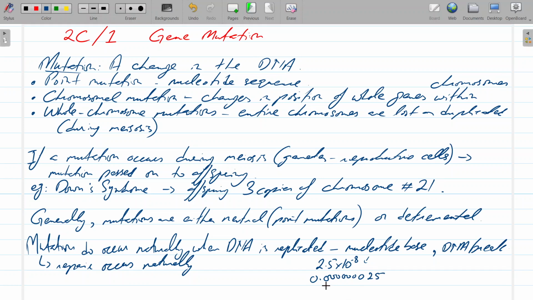So it happens 2.5 times in like 10 million times. So every 10 million nucleotide bases, maybe there's a chance of one nucleotide base going wrong, right?